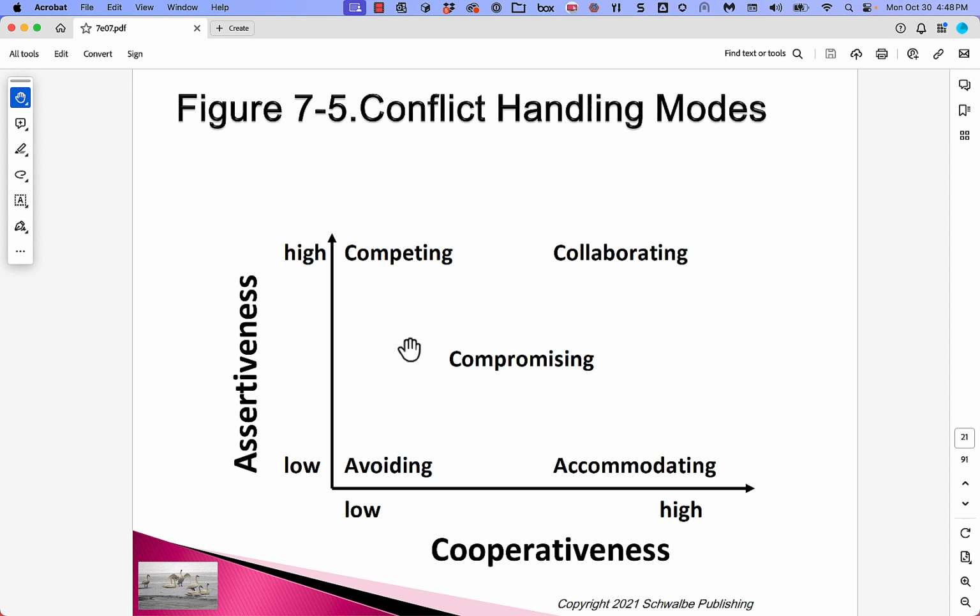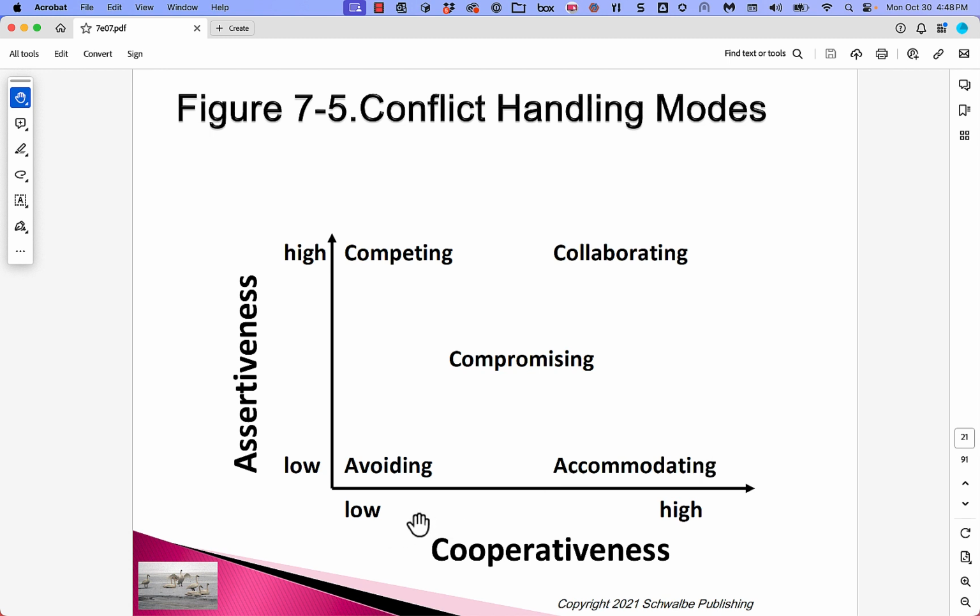Again, some of these things have to do with how important the issue is. For instance, there may be some issues that are not very important to us in which we decide that we want to become accommodating because they're not that big of an issue for us.